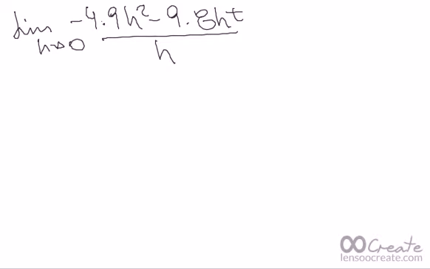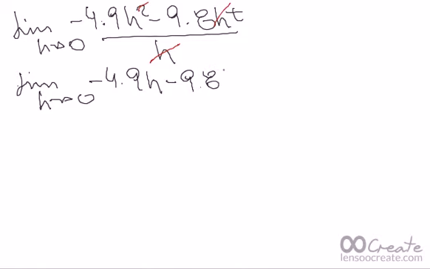Now I'm going to eliminate the h's: there's an h here, an h here, and we take care of this one h up there. This leaves me with the limit as h approaches 0 of minus 4.9 h minus 9.8 t. That's going to be my velocity.